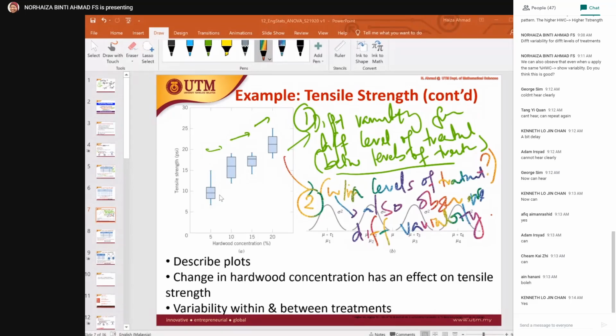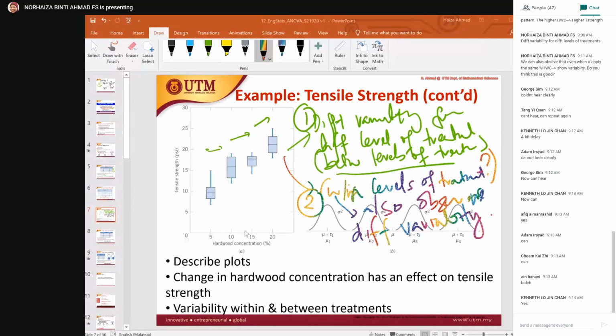Okay, you can see less variability in 15%. Kalau 15%, you see that the length of this box plot is shorter. Tapi still, there's some variability, but it's not much. Okay, so my conclusion is, when you apply the same level of treatment to your experiment, you should expect less variability. But if you see more variability, that means that there could be an error there.